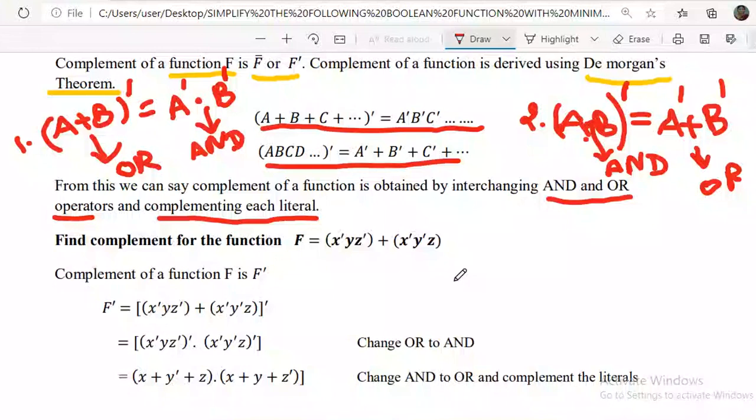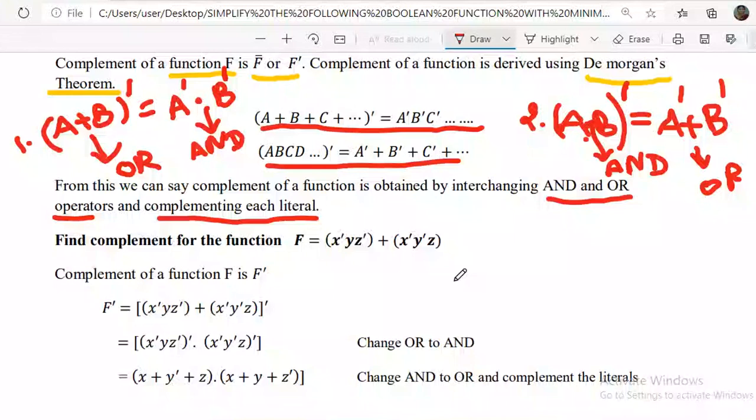Okay, now we'll go for the next problem. Next we'll go for problems. For your first question, find the complement for the function. You are given a function f is equal to x dash y is a dash.